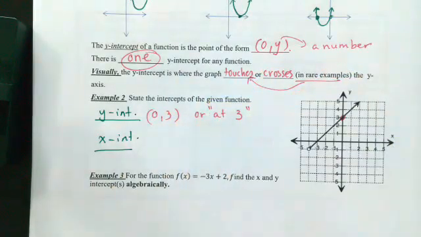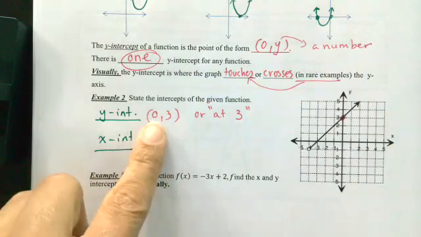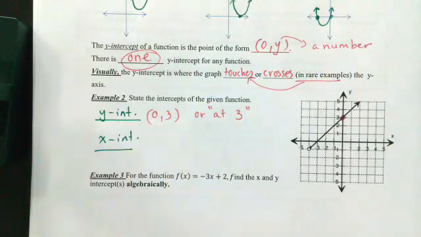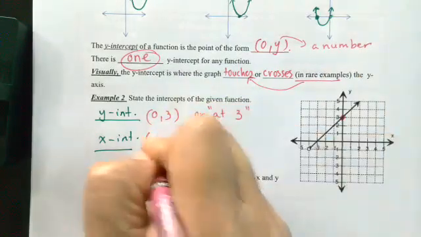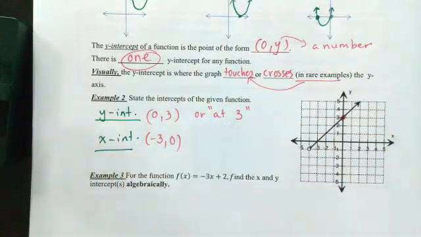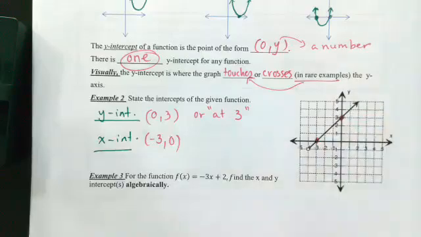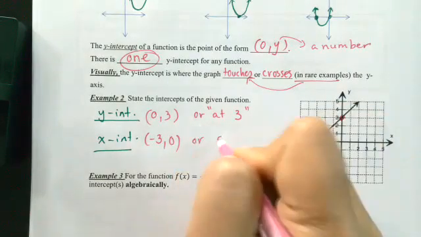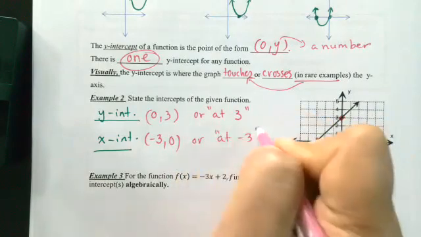We can state it as a point, 0, 3, or we can just say y-intercept at 3, because when you say y-intercept, it's understood. You're talking about the point where the x-coordinate is 0. X-intercept is at -3, 0, or we can say at -3.